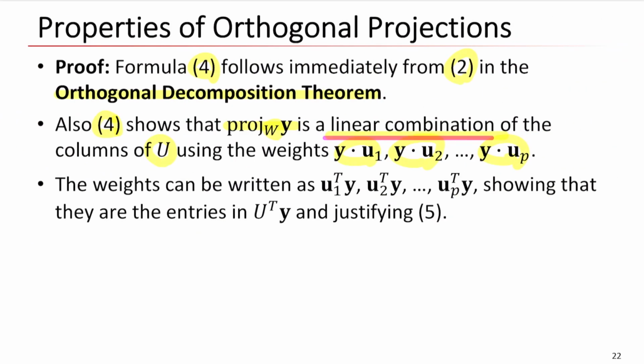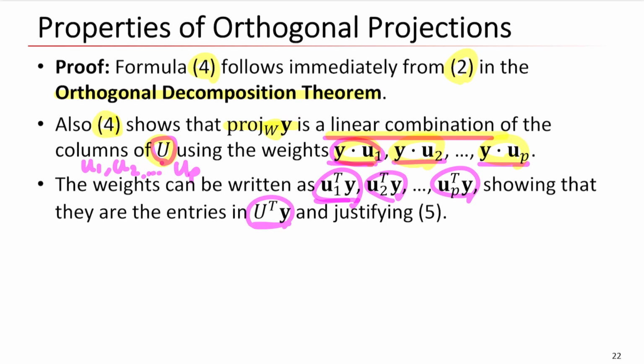So this is a linear combination of the columns of U, something like U1, U2, UP, right? With this one as a weight, right? So this weight can be written like this, right? Because this inner product is just represented by U1 transpose times Y, right?